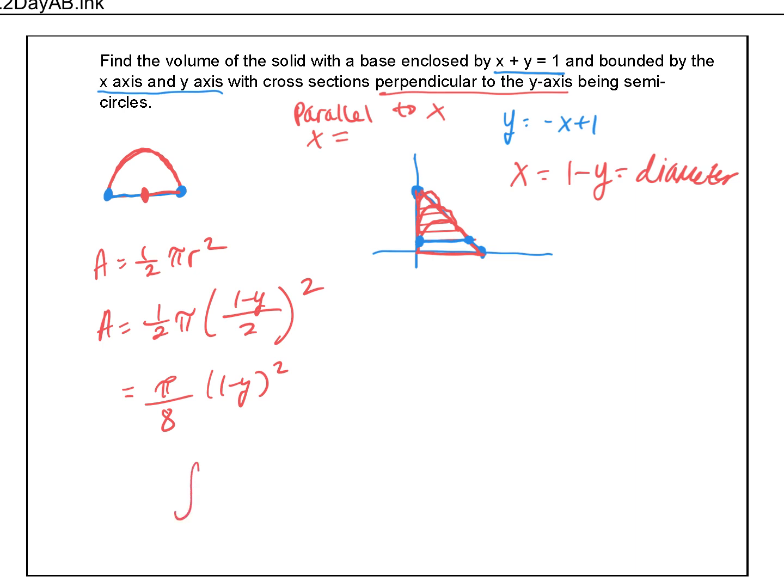So then in my integral, the pi over 8 can go out in front. I tend not to, because I just never want to forget about it. dy's at the end because I have y's in here. And now I go to my y-axis to see bottom to top number. So the bottom y number is 0. The top y number is 1.